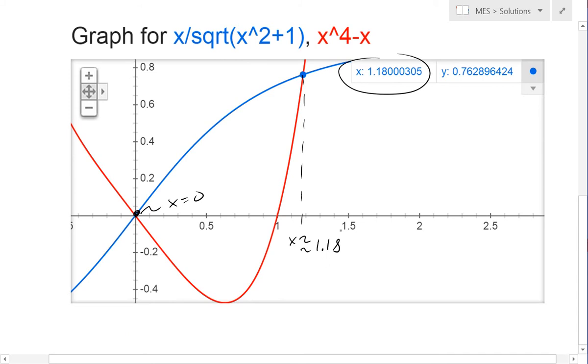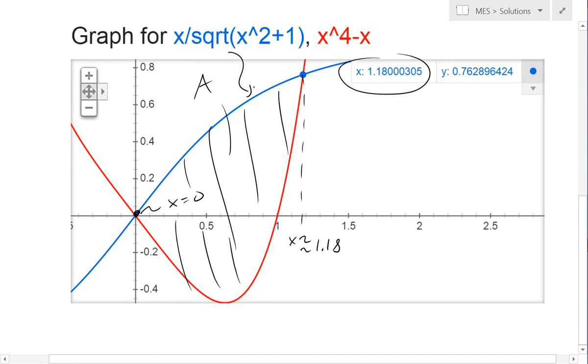So it's roughly that, and it's close enough for our example, and this is the area bounded, we'll call this A, by these two curves right here, the blue is this one and the red is over here.